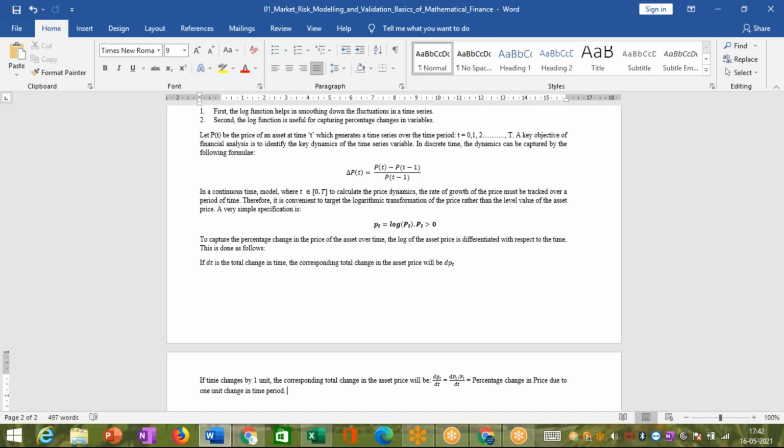Clear? Any questions up to this point on the log function? Then we move on to simulate the log function.